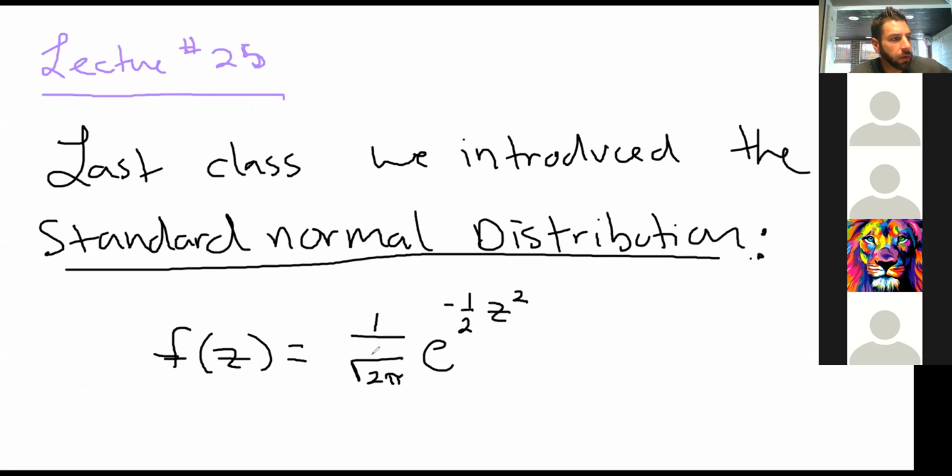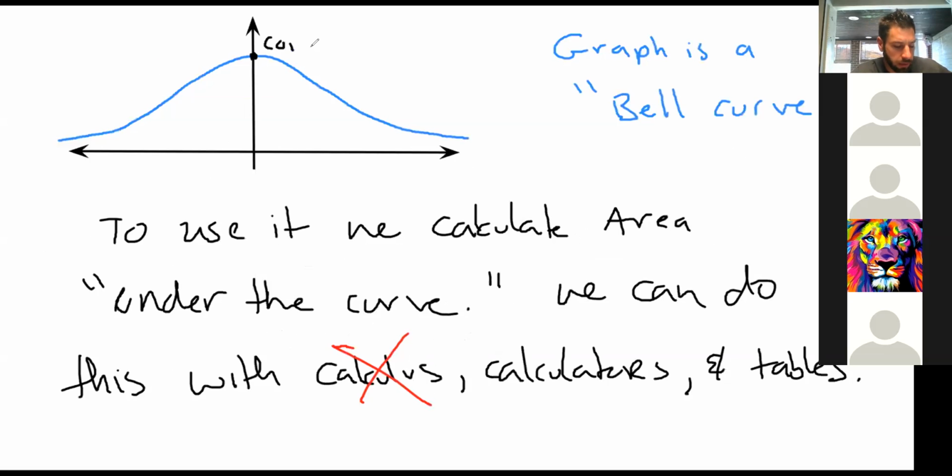If you plug 0 in for z, you get a number times e to the 0. And you might remember, if you take a positive number and raise it to the power 0, it spits out 1. That's our definition of the exponent 0. And so what you end up getting is that this point right here is the point 0, 1 over square root of 2 pi. That's sloppy. Let's fix that.